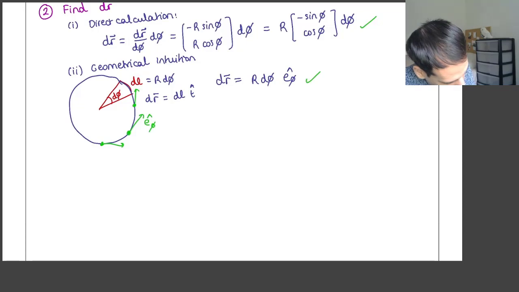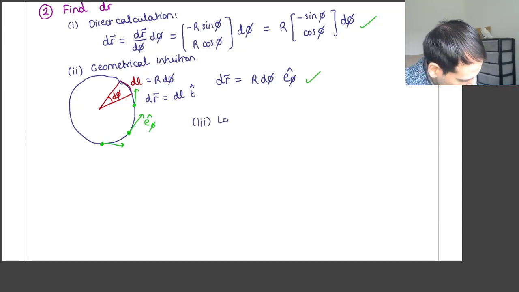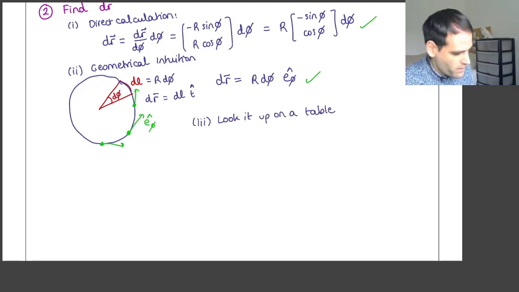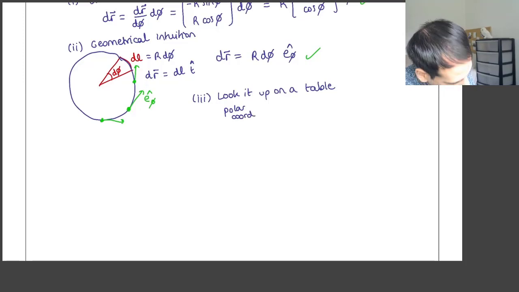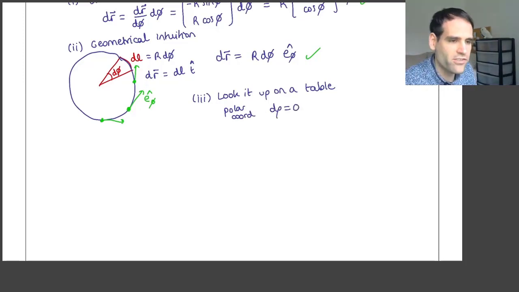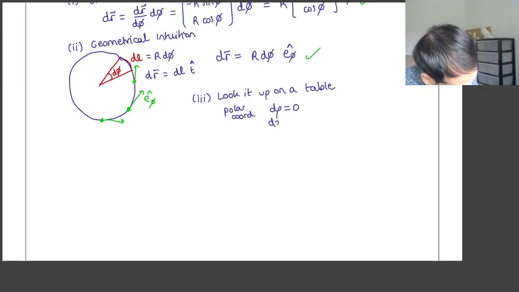Finally, a third way of doing it is to look it up on a table. We would look into polar coordinates, and substitute the fact that d rho equals 0 because we are not changing our radius, and also dz equals 0 if we are in cylindrical coordinates, which is the same thing.